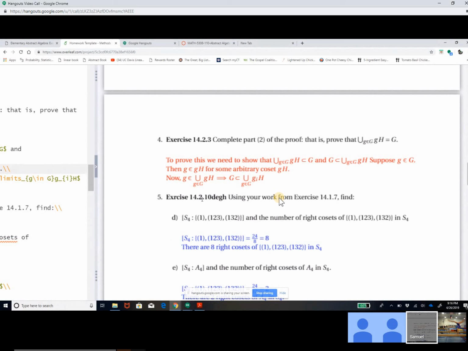So why is little g an element of gH? Because, yes, very good. That's a very key point. Since the identity is in H, then ge is in gH.